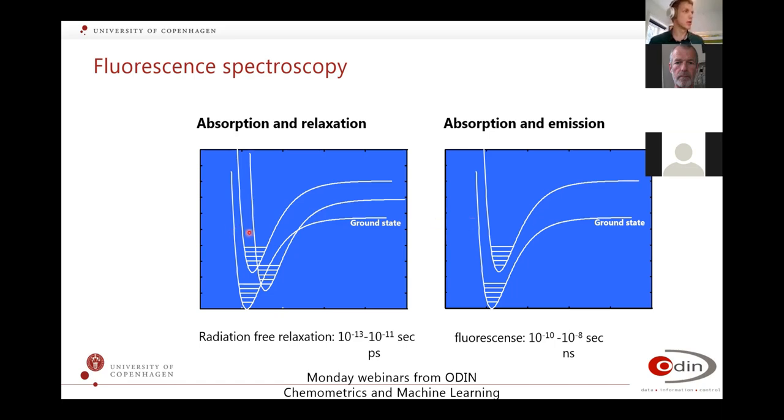This is also to indicate, at least, why some molecules do show fluorescence and others not. If you look here on the left-hand side, this is typical of a compound that does not show any fluorescence. You can see that all these curves here are different states of a bond. The horizontal lines are the energy levels it can have.